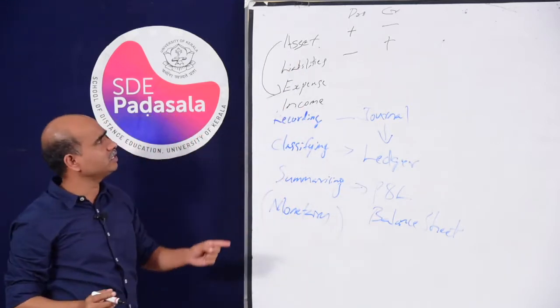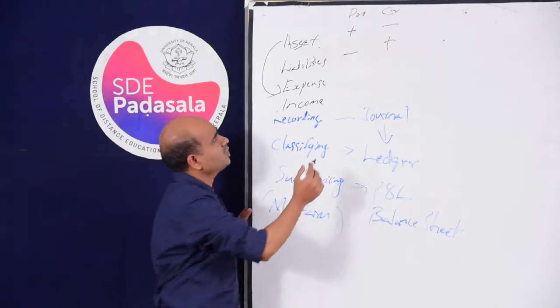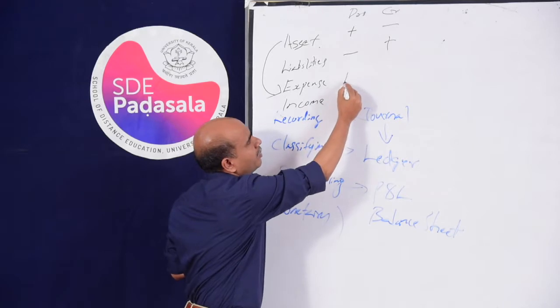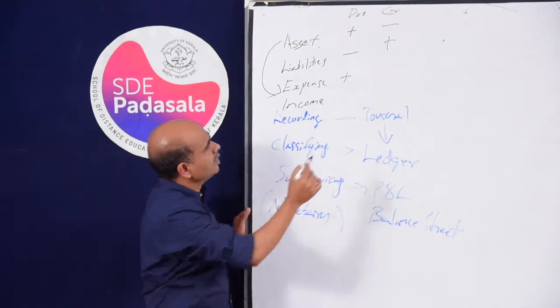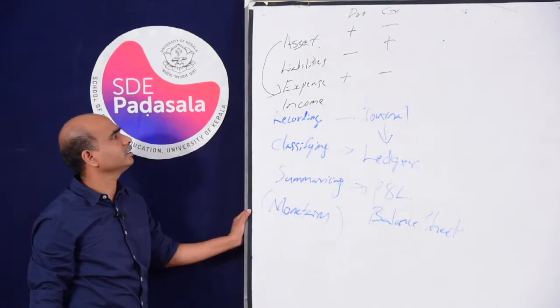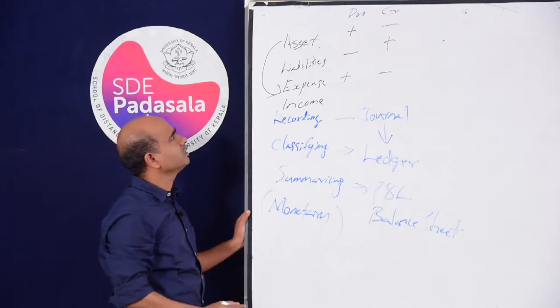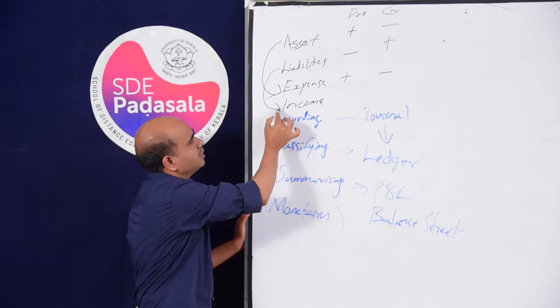So, when an expense increased, at that time we must treat it as a debit. When an expense decreased, we should treat it as a credit. The principle of income is the same as liabilities.